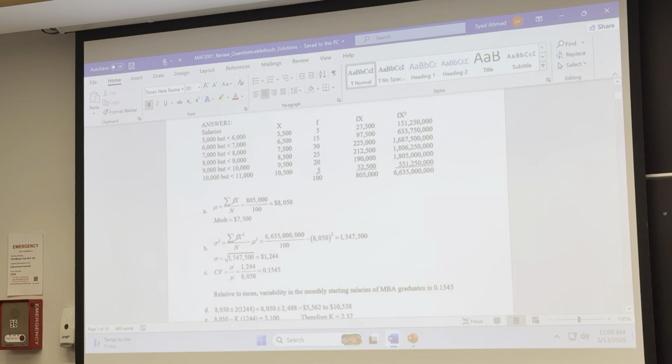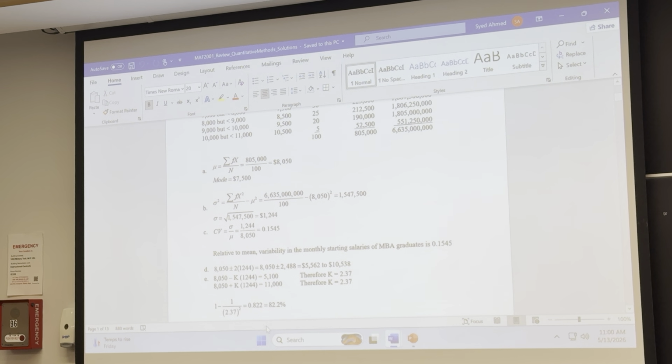So over here, if we assume that distribution is normal, your mean is 8050, approximately 95% of the values will fall within two standard deviation of the mean. So let me make a picture for you. So this is 8050.